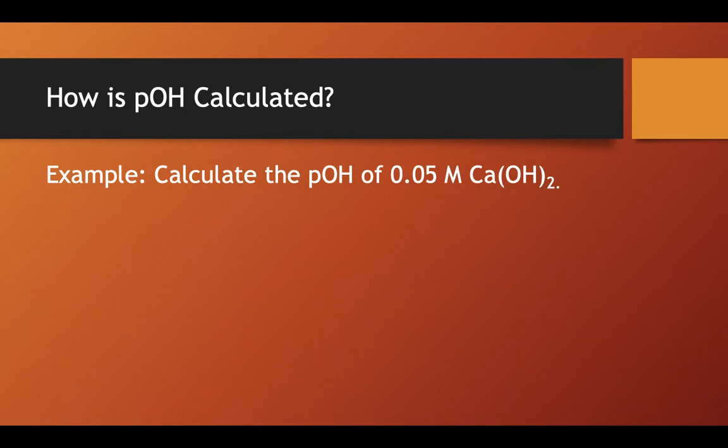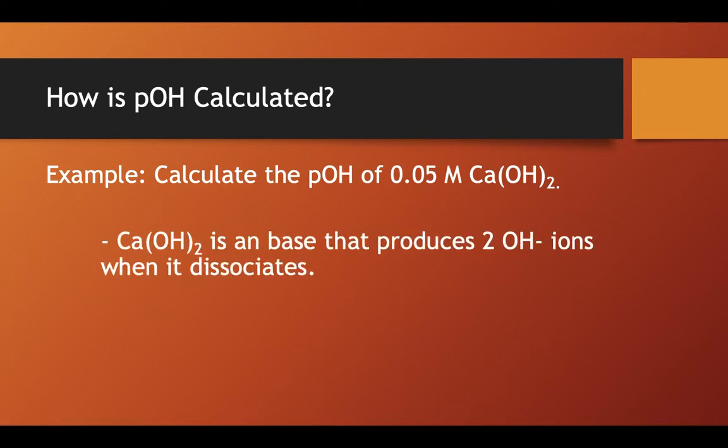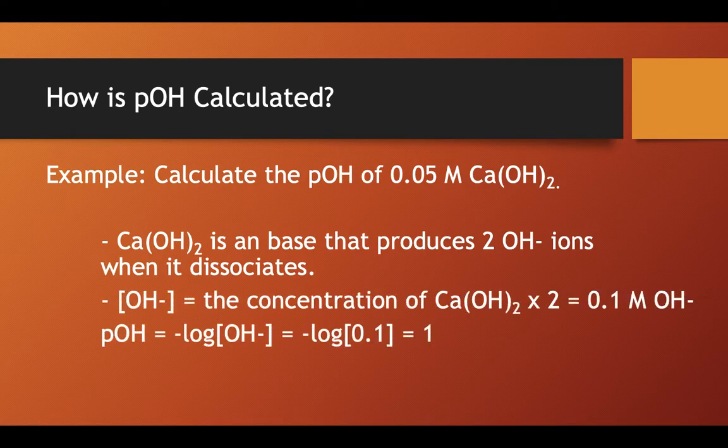So for example, let's say I had to calculate the pOH of a 0.05 molar solution of calcium hydroxide. Now we really have to be careful with the bases because some of the bases contain 2 or more hydroxides that will dissociate. And so since this calcium hydroxide contains 2 hydroxide ions that dissociate, we have to multiply the concentration of that base times 2 because every time a calcium hydroxide dissociates, it's going to double the amount of hydroxide in the water.